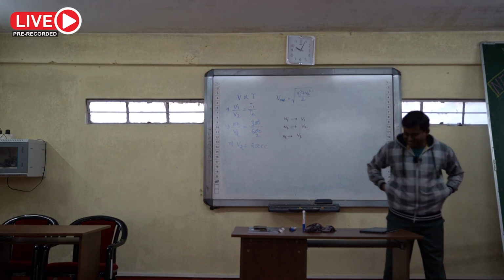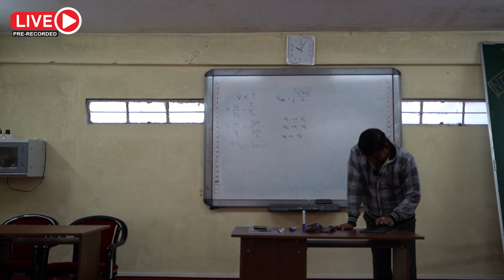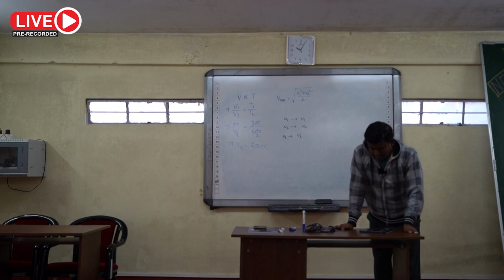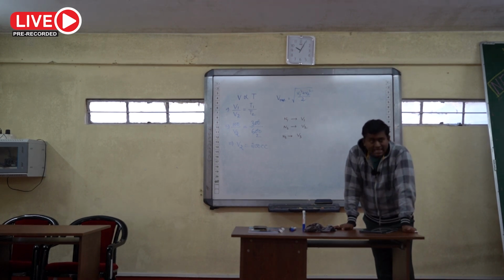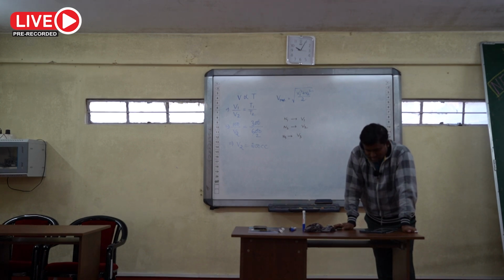Option: P naught times bracket T naught minus KH, entire divided by T naught, bracket close, to the power Mg by RK.